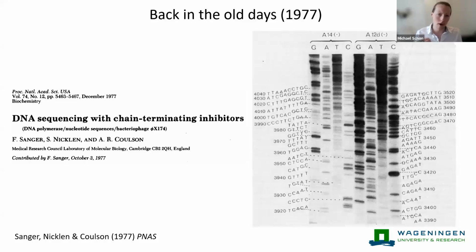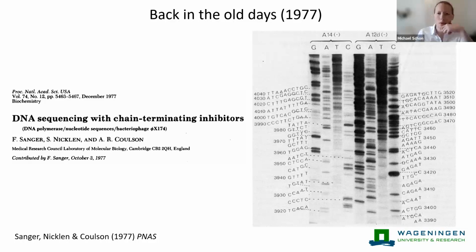one clone of DNA was replicated many times with a DNA polymerase, but with the caveat that in each of the 4 nucleotides, he included different chain terminating inhibitors. So these are nucleotide analogs that can be incorporated by the polymerase, but actually stall the polymerase reaction.